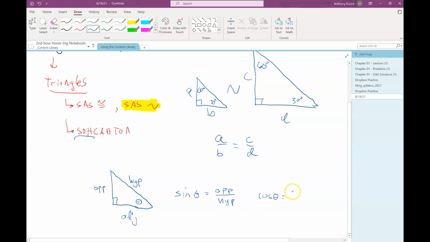The CAH says that cosine is adjacent over hypotenuse. And the tangent of theta is the TOA, which tells us that tangent is opposite over adjacent.